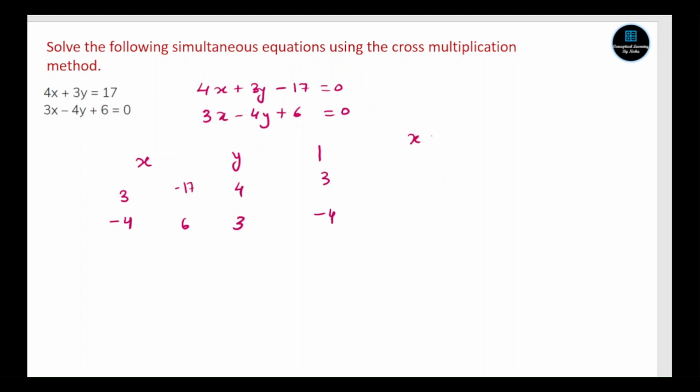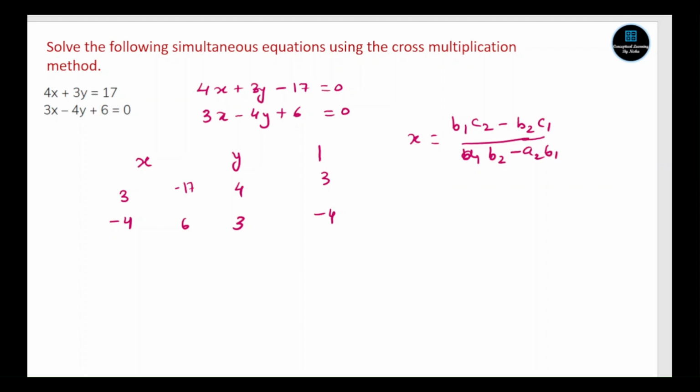So write the formula first. This is b1 c2 minus b2 c1 over a1 b2 minus a2 b1.